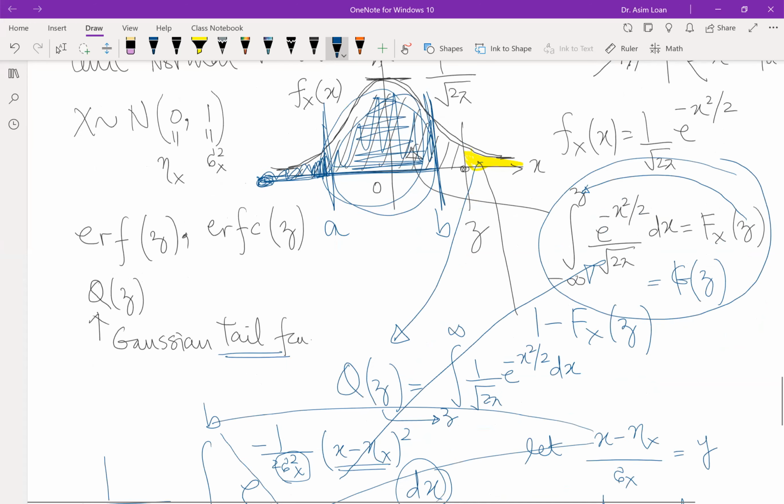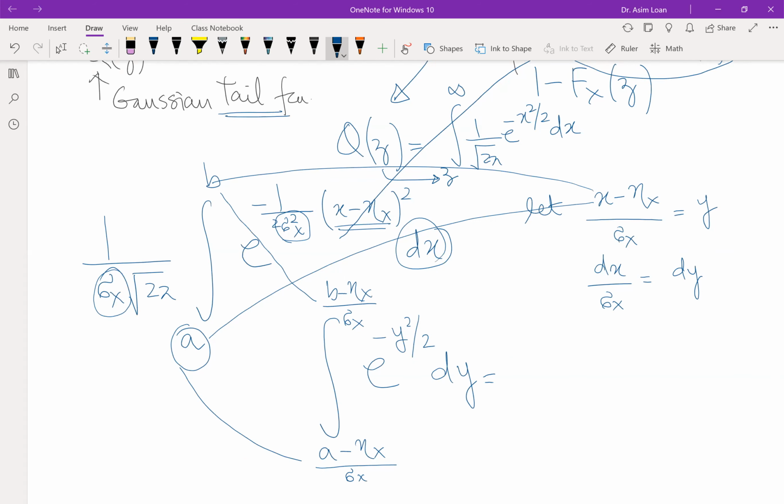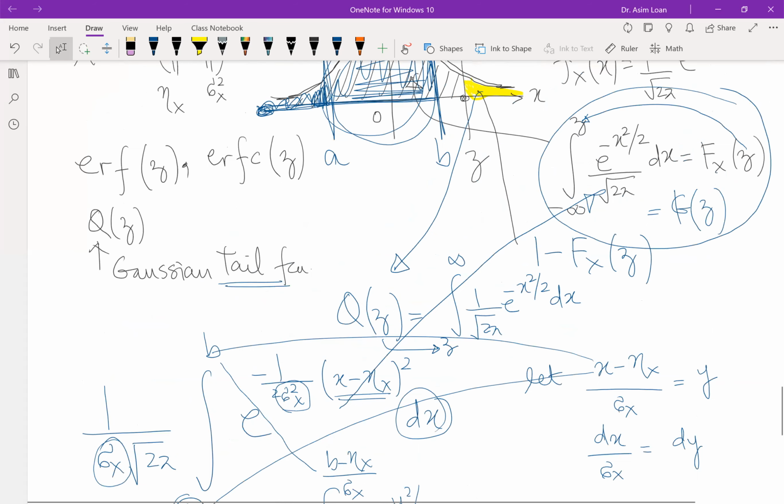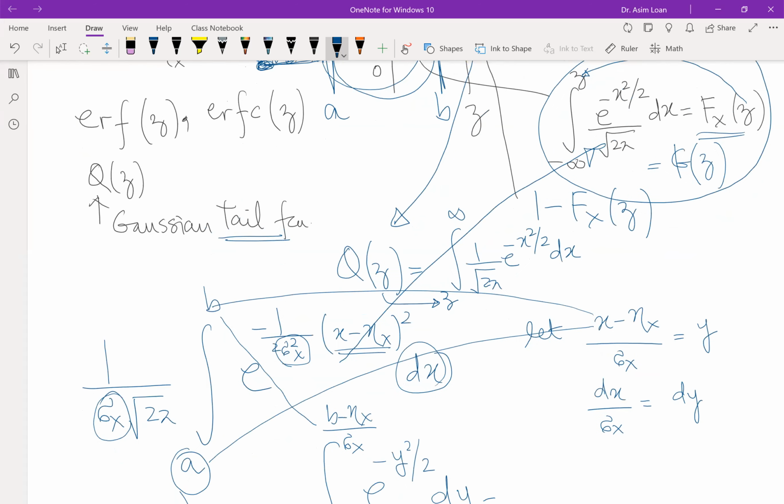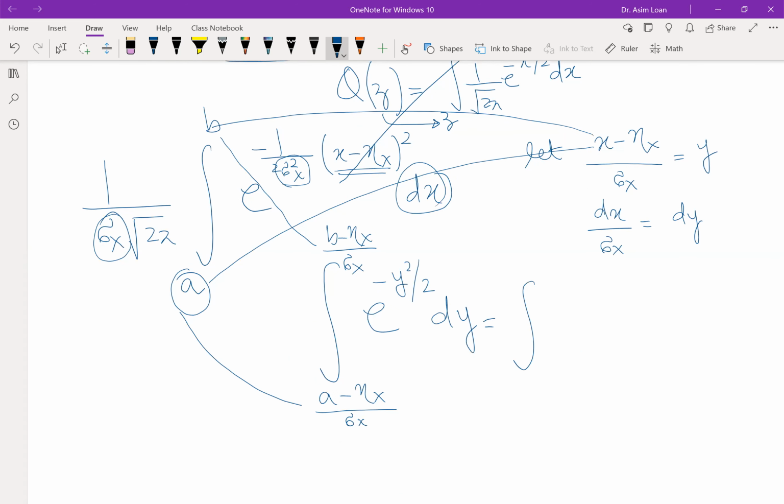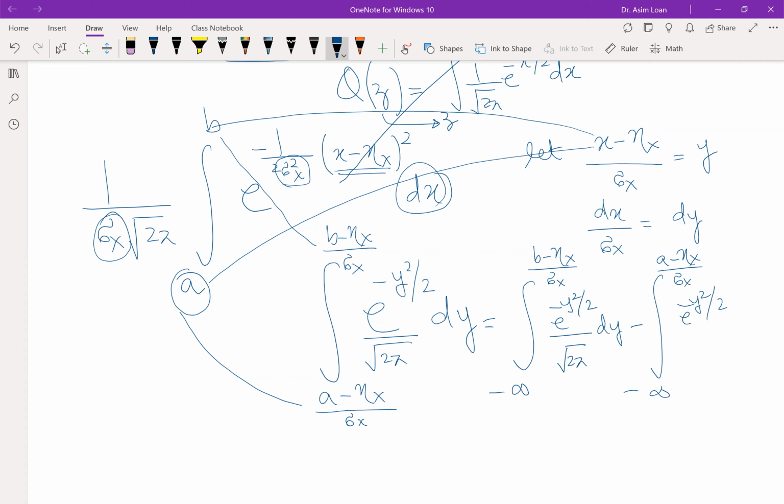Following this notation, this is from minus infinity to b minus eta x over sigma x, e minus y square over 2, and there is under root 2 pi over here too, dy, minus the integral from minus infinity to a minus eta x over sigma x, e minus y square over 2 root 2 pi dy.